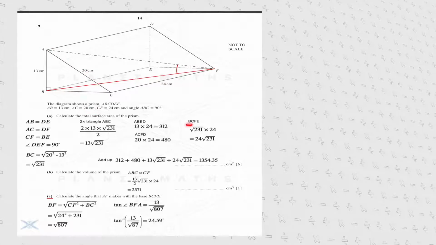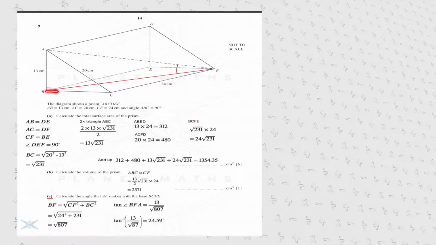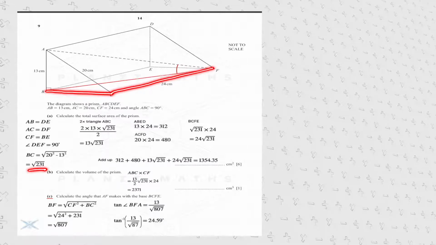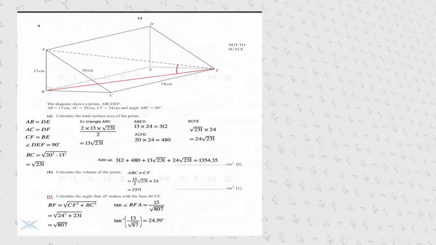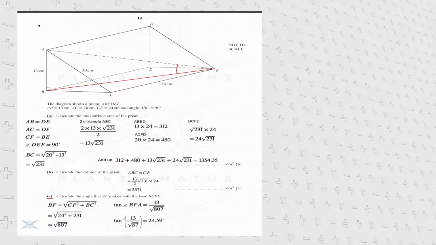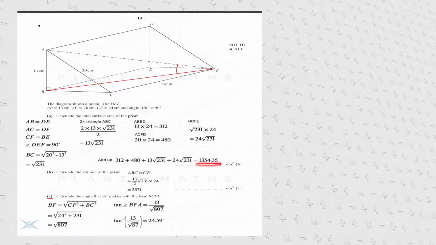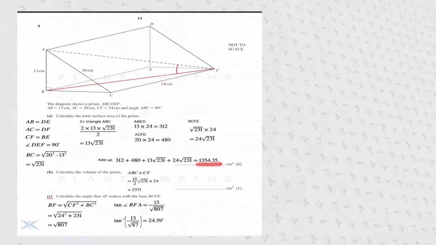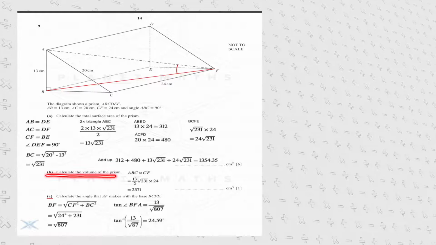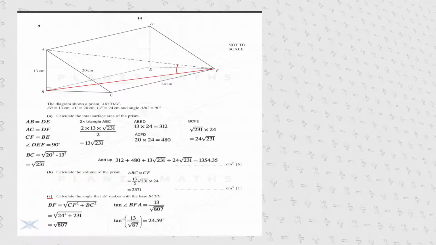Lastly, to determine the area of BCFE, we multiply the result that we have just determined, again with 24. And in the final stage, we add up the results for all of those areas, letting us conclude that the total surface area of this prism is 1354.35 centimeters squared.